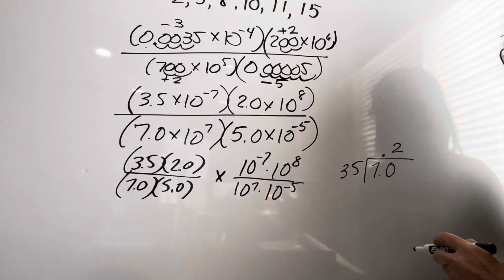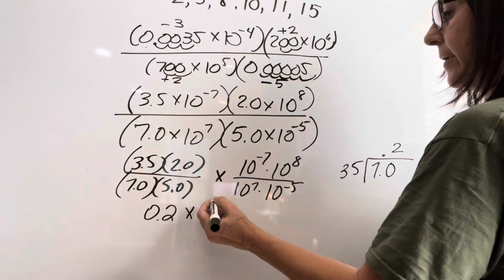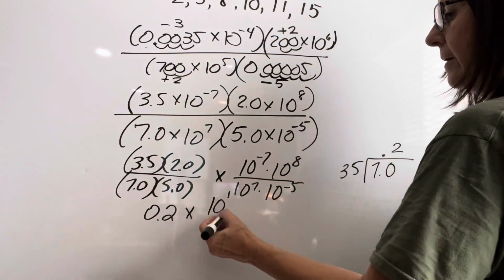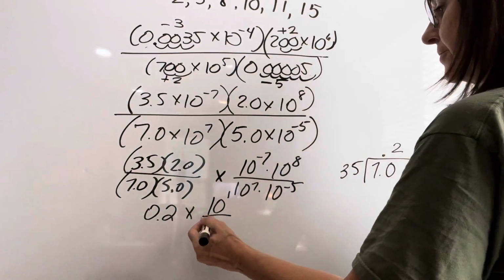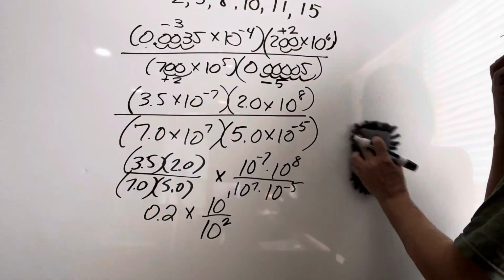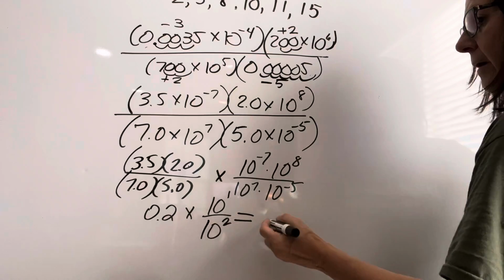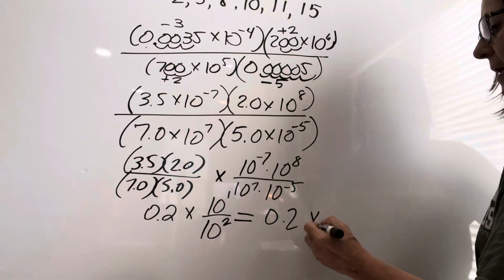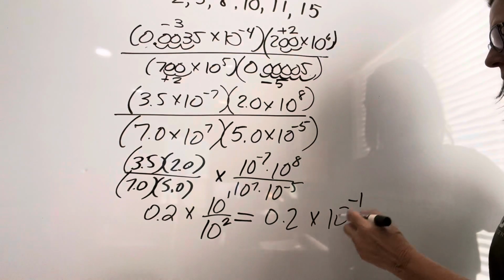All right, so this is going to be 0.2 times, the numerator is going to be 10 to the first power, because multiplication is addition, and the denominator is going to be 10 squared. All right, I'm going to resolve this in a minute. All right, so 0.2 times 10. Division is subtraction. It's 1 minus 2, which is negative 1.